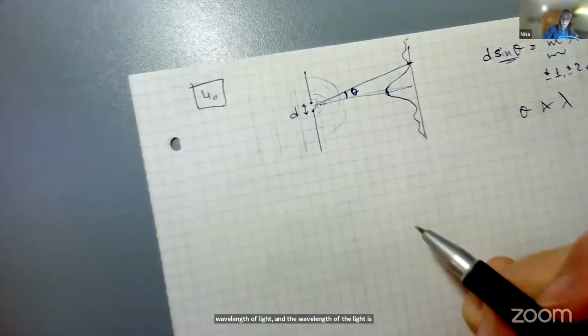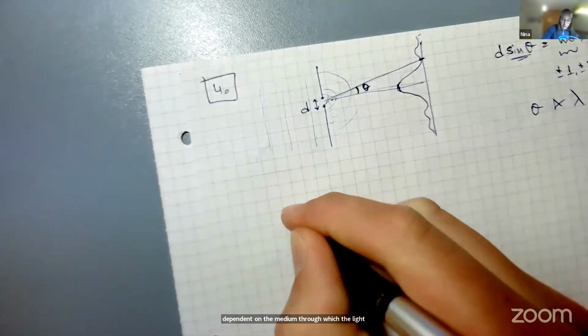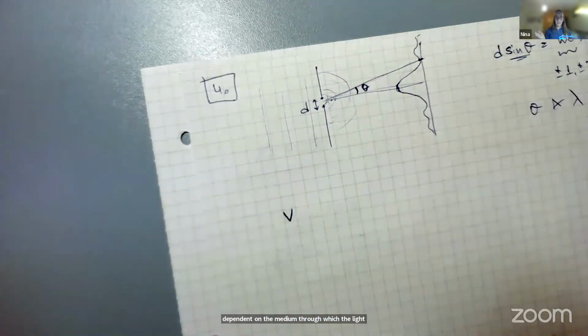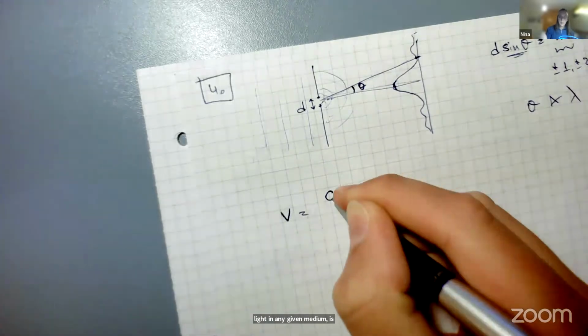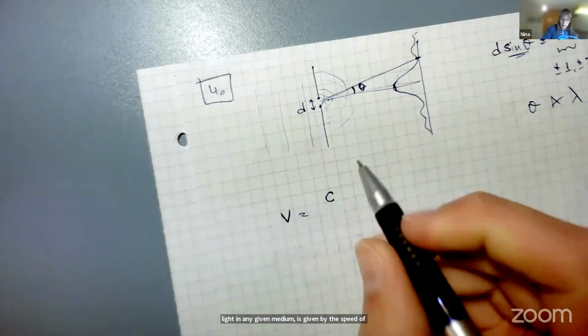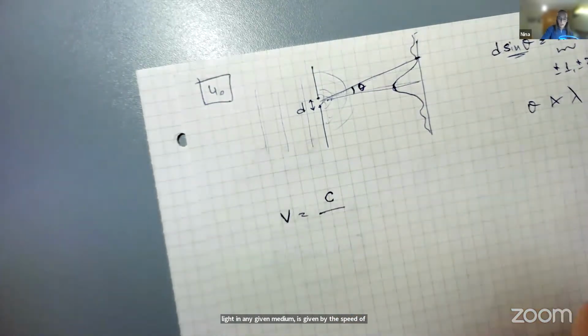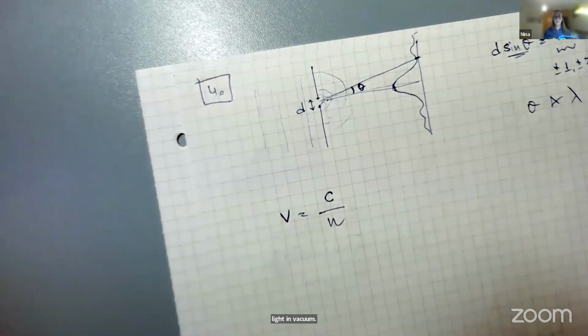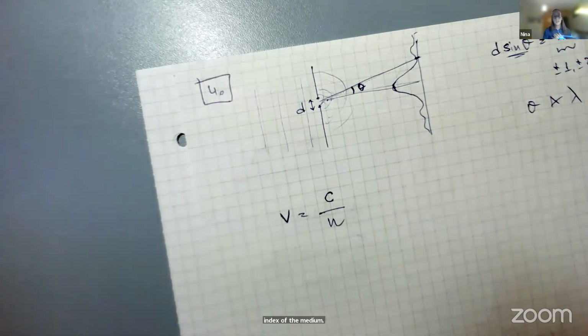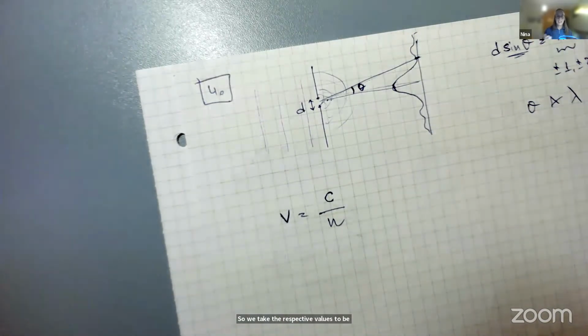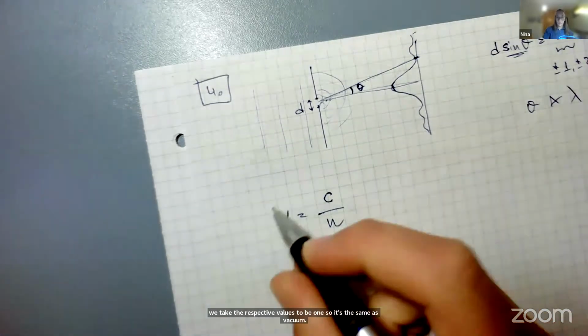And if this is not obvious, it's because the speed of light in any given medium is given by the speed of light in vacuum, so c, 3 times 10 to the 8, over the refractive index of the medium. So air, we take the refractive index to be 1, so it's the same as vacuum. But in water, the refractive index is slightly larger, so the speed is slightly lower.